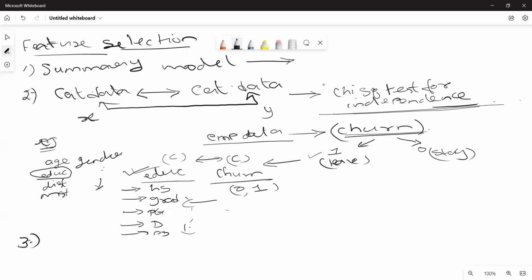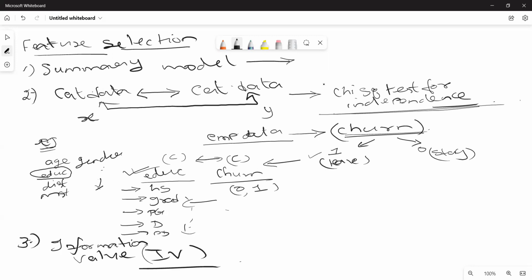Then I have another technique, which is called information value. So this is once again a very useful technique, IV.